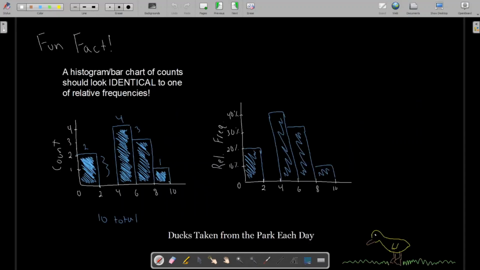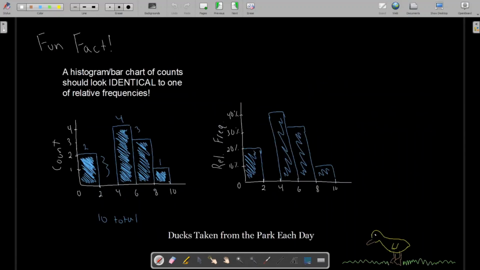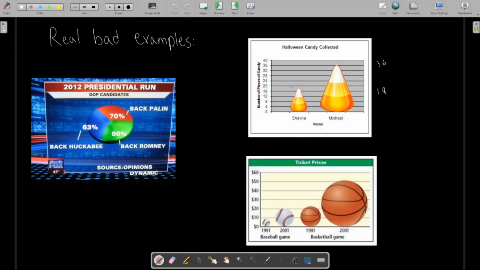Just going back to relative frequency, when you graph relative frequency or any bar chart, if the numbers have a quantitative context, like in this case the number of ducks taken from the park, you want to make the bars go 0 to 2, 2 to 4, 4 to 6, and so on. You don't want to order it from 0 to 2 and then skip to 8 to 10 and then go back again. You want to make sure they're in the proper order.